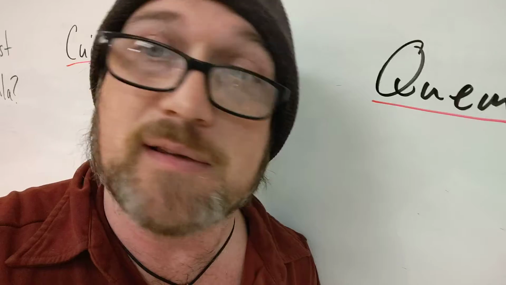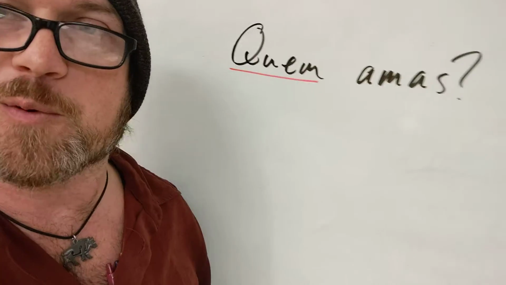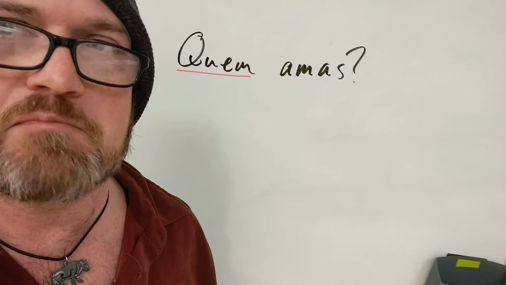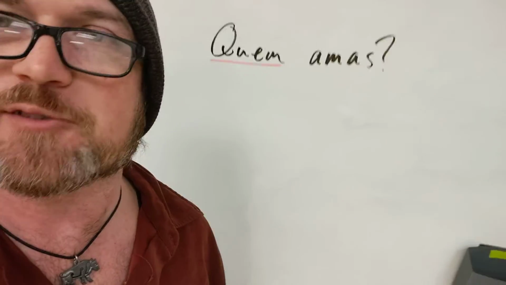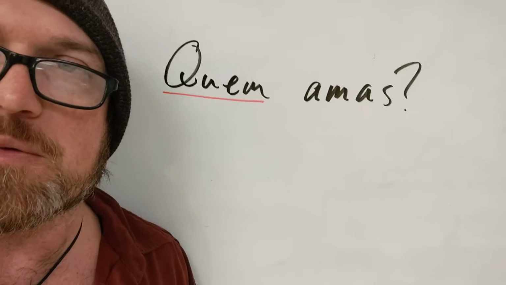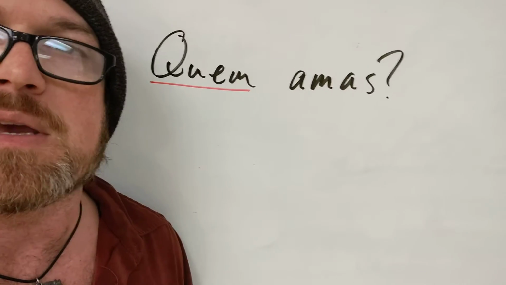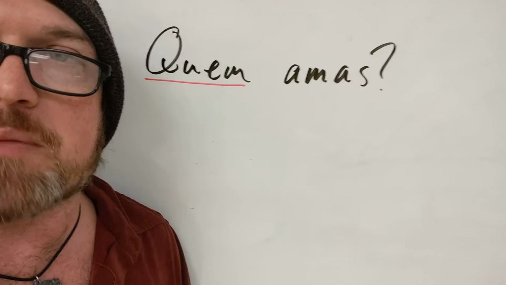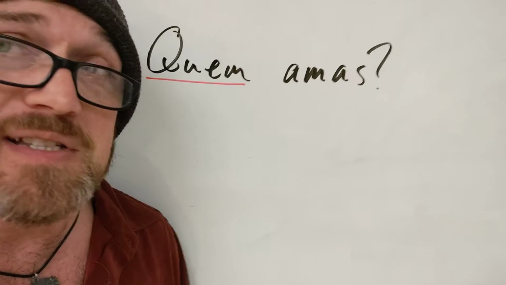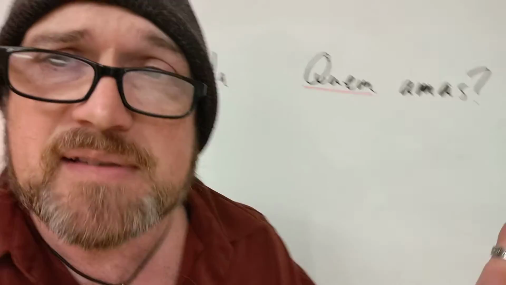Now, I'm not suggesting that you go correcting Bo Diddley's grammar, because if you were to cover that song, but correct it to, whom do you love? That would actually probably sound like trash. Don't do that. But if you're just talking in conversation and you want to be grammatically correct, since quem is a direct object, you would use the direct object form of who to translate it, which is to say whom, right? And yeah, it's that simple.